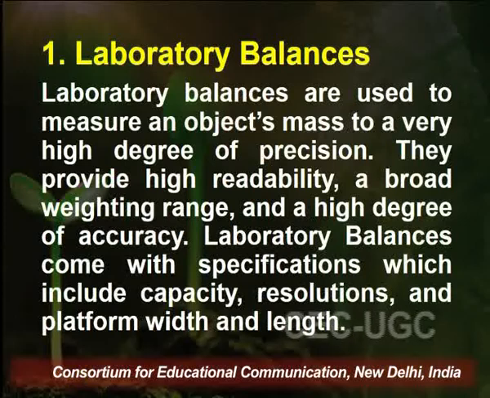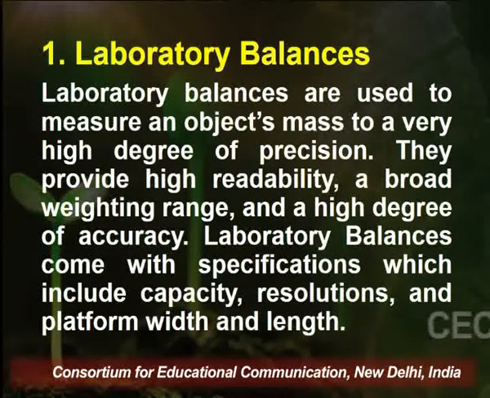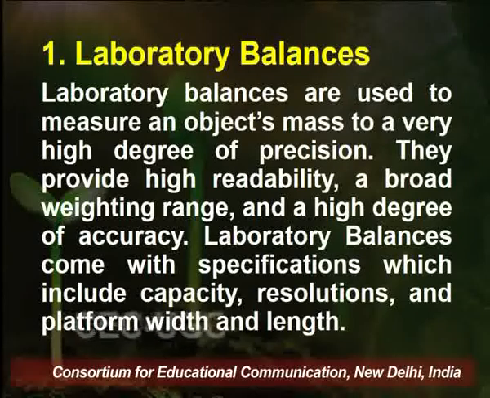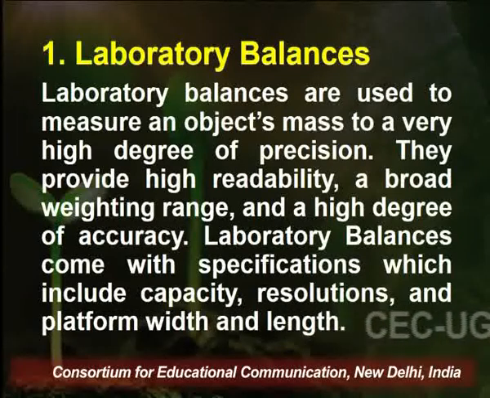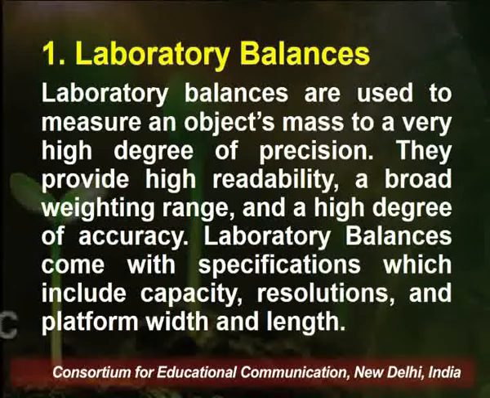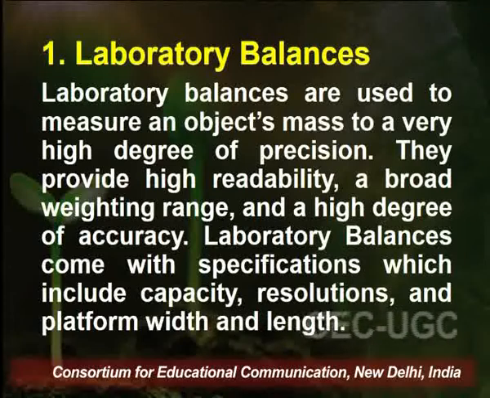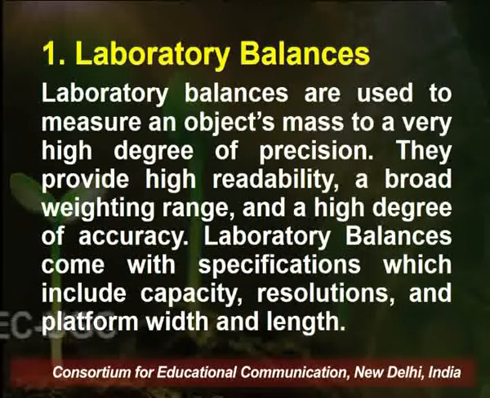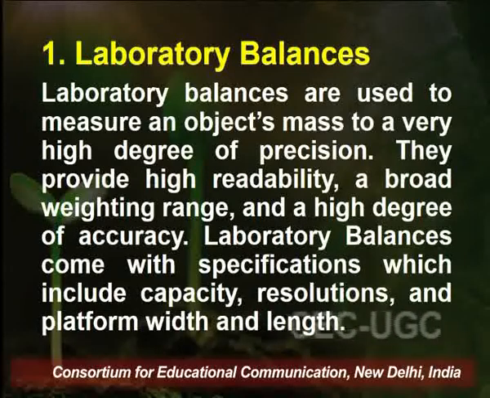Laboratory balances or weighing balances are used to measure an object's mass to a very high degree of precision. They provide high readability, a broad weighing range and a high degree of accuracy. Weighing balances used in laboratories come with various specifications, such as the capacity of the balance, the resolution, and the width and length of the platform.